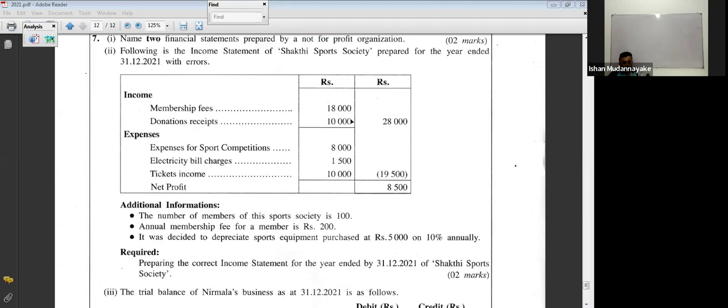Donation receipt 10,000. Expenses for the sports competitions 8,000. Electricity bill charges 1,500. Ticket income 10,000. Additional information: the number of members of the sports club is 100. Annual membership fee per member is 200 rupees. Third, it was decided to depreciate sports equipment purchased at 5,000 at 10% annually.